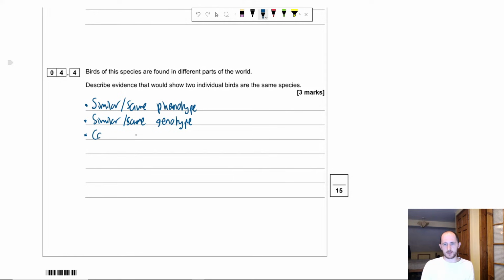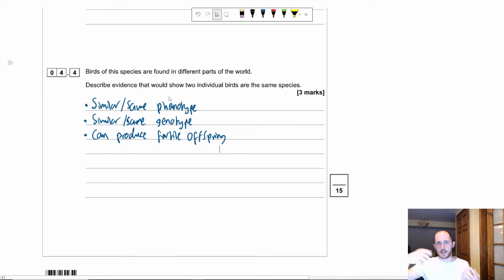So for example, if I get a dog from the UK and I fly over to China and I see another animal that looks the same, I take some cells and I compare the DNA, the genotypes, and they're similar, and I can breed them and produce fertile offspring, then they are the same species, but only if they can produce the same offspring.